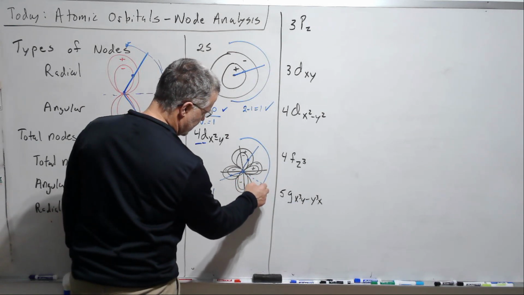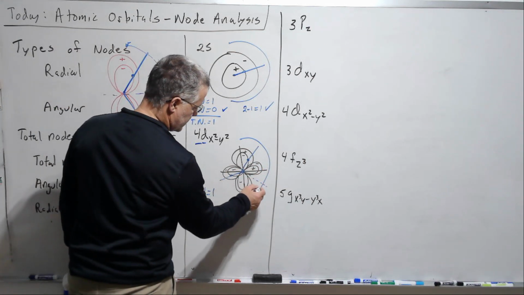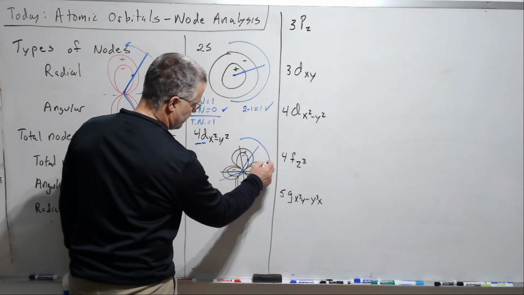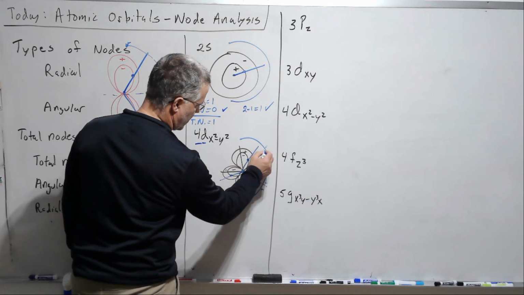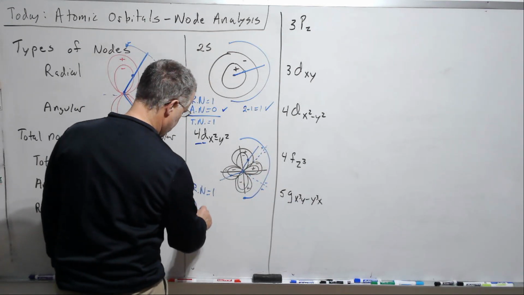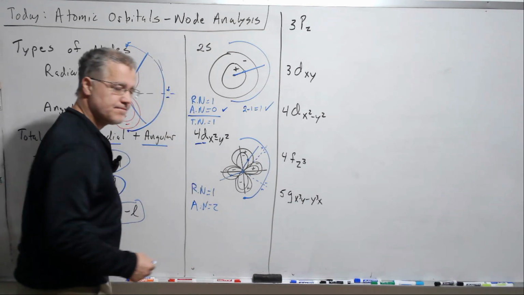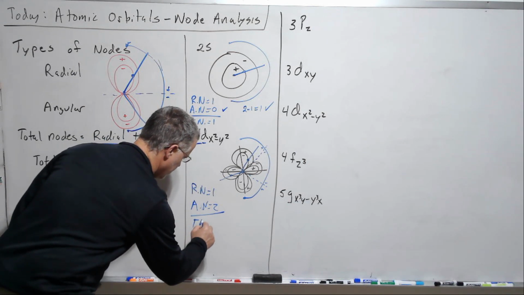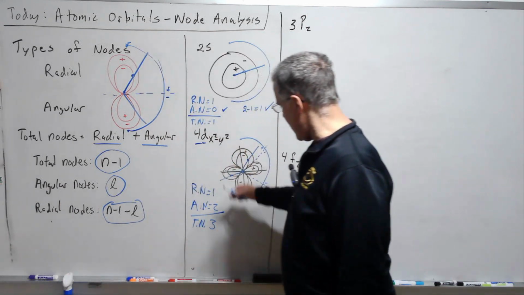So I have a node here, and then all along here I'm plus, now I'm minus, and then I'm minus here, but here I'm plus. So as I cross here, I'm minus to plus. So I have 2 angular nodes. We add these up, total nodes, 3.